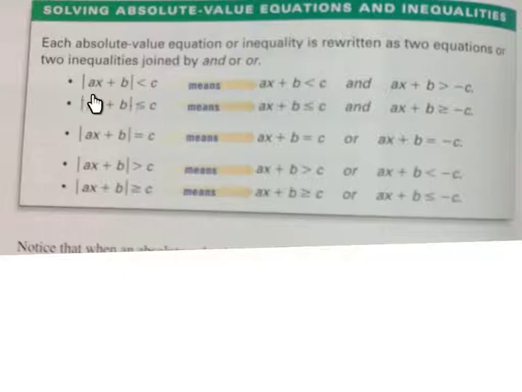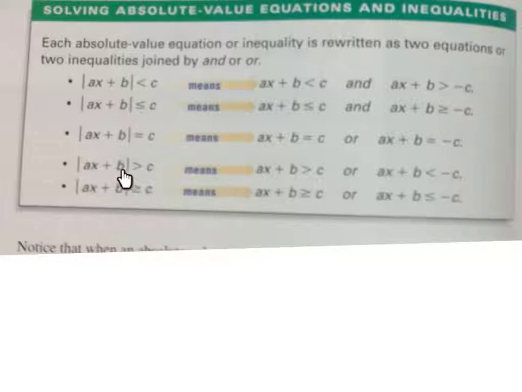When you have an absolute value less than some number, you're going to make an AND statement, and you're going to have to solve them as an inequality with the same thing less than the number and also greater than the opposite of the number.